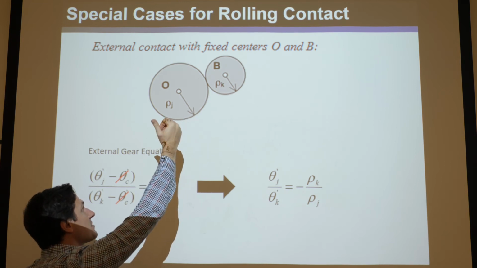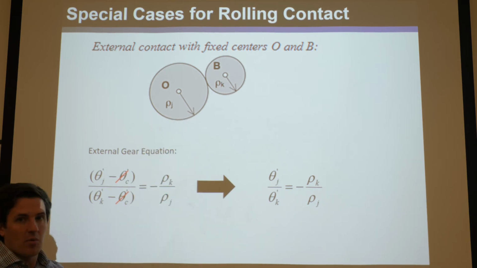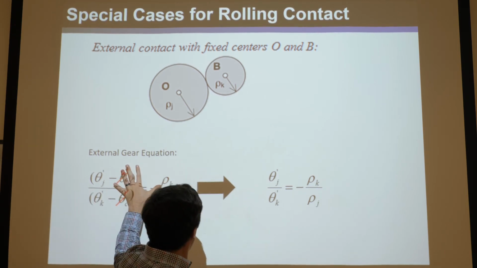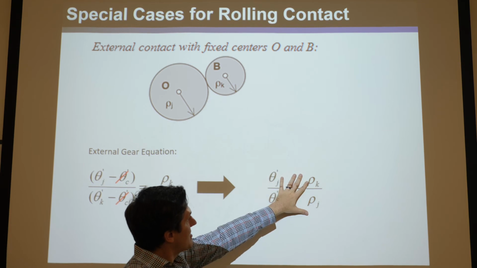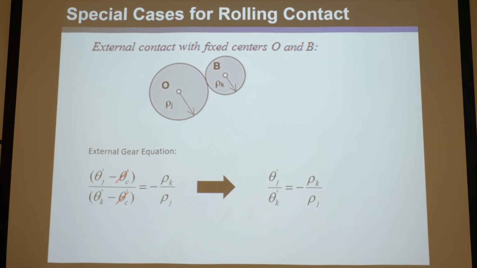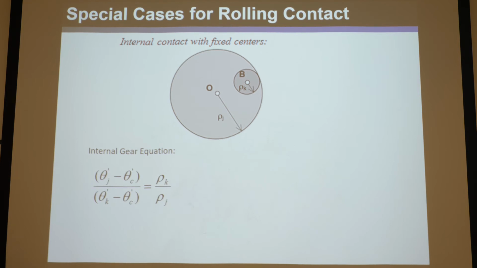If K rotates in a positive direction, O rotates in a negative direction. We weren't careful about signs at the very beginning of this topic. We just found that the radii ratio equals the angular velocity ratio. Here we derived it using, from the most complex equation, simplified it, and we do account for the sign in there.